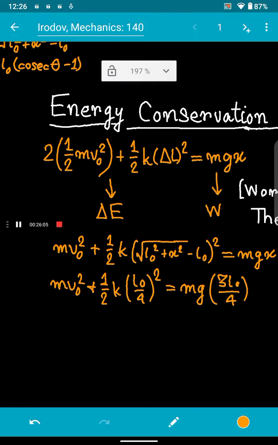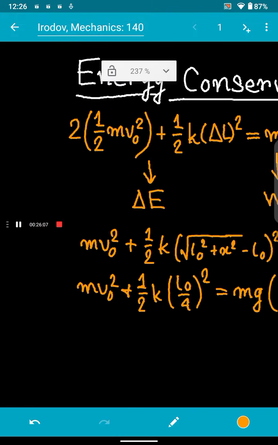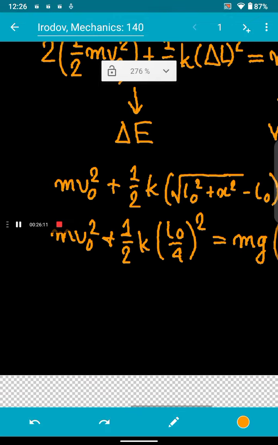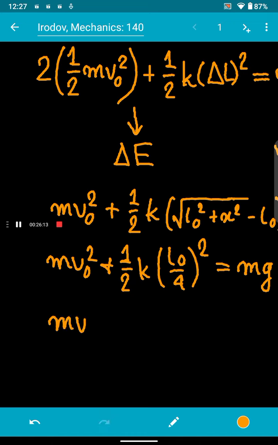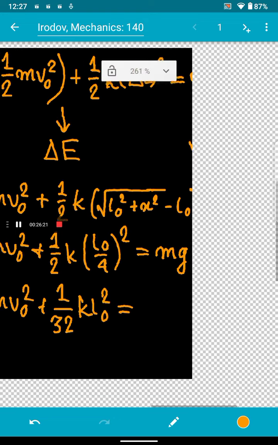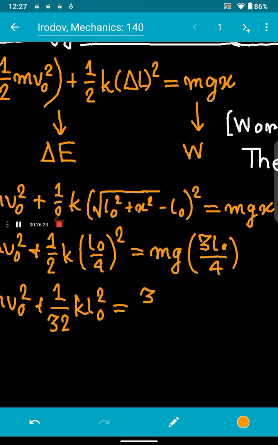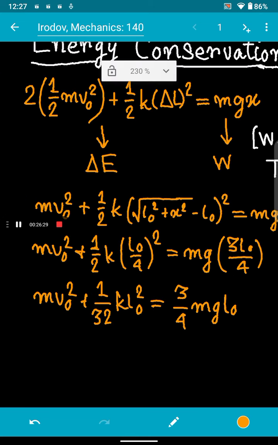Okay, so we are almost done now. So mv0 square plus 1 by 32 K L0 square is equal to 3 by 4 mgL0, and as I said earlier K L0 is equal to 5 mg.